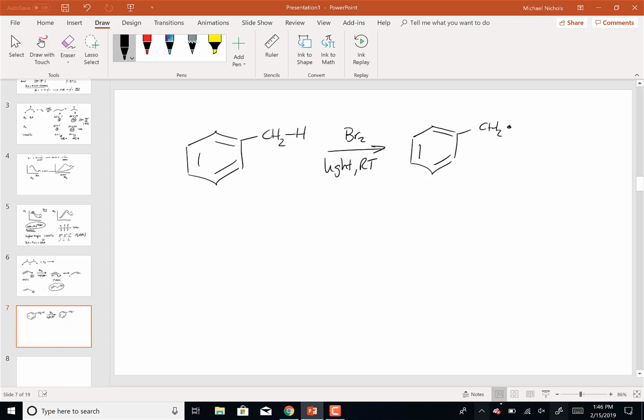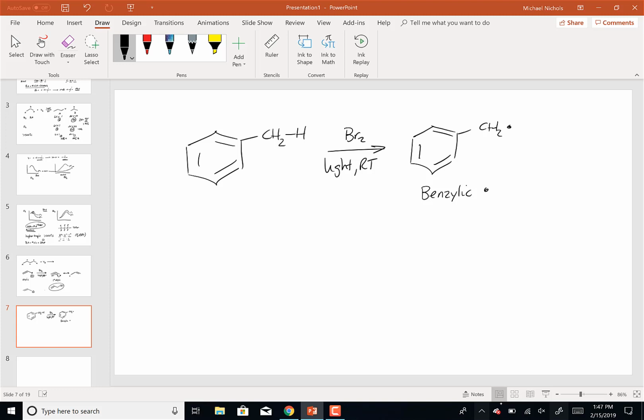Oh wait, it doesn't cover it up on the screen, does it? I knew that. Maybe. So if I cover it up, it would be allylic. This one's not allylic, it's called benzylic. So this is a benzylic radical. And so when you have an alkyl group attached to a benzene ring, your major product is going to be to brominate the benzylic carbon. It doesn't matter how long the chain is.